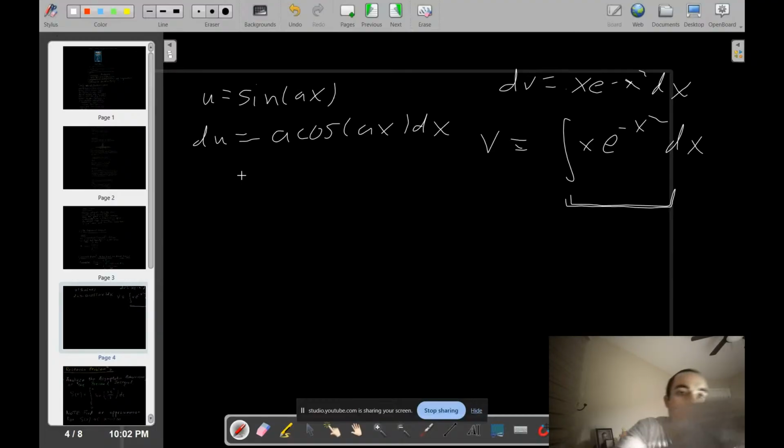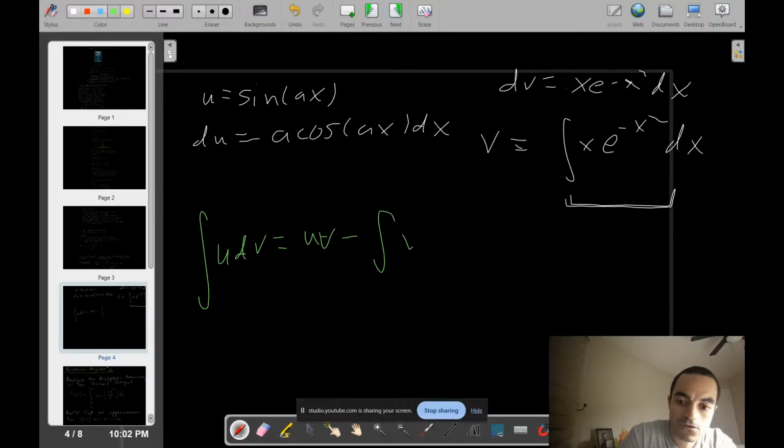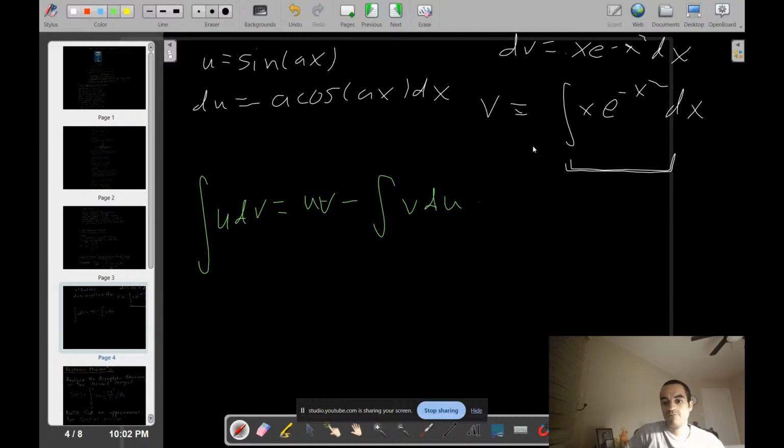Because remember, we need to use the integral of u dv equals uv minus the integral of v du. That is the formula of integration by parts, right? So we need to figure out what v is, and we only do that by getting the antiderivative of dv. Anybody know how to do that?